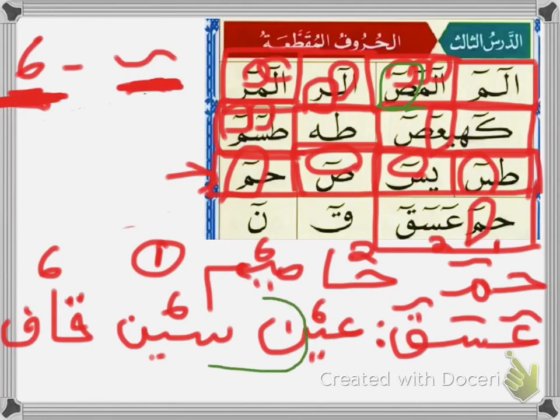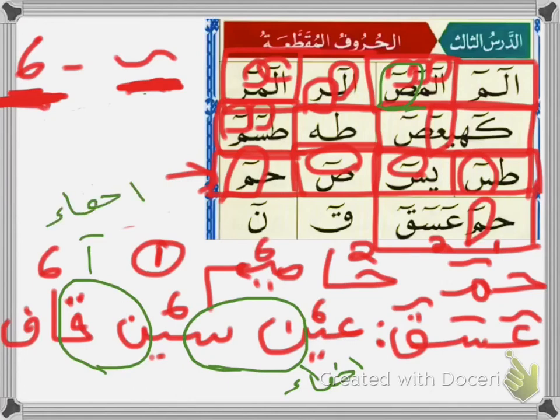Now, over here we see the Nun Sakina after the Sin, and over here we see the Nun Sakina before the Qaf. They both are Ikhfa. Over here is Ikhfa too. That means to hide the Nun. So with the Nun that doesn't have any haraka, followed by the Sin, or here Nun Sakina followed by the Qaf, we do Ikhfa in both.